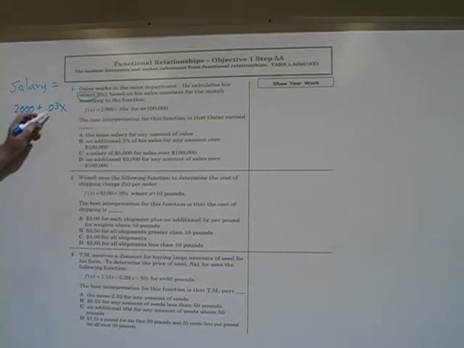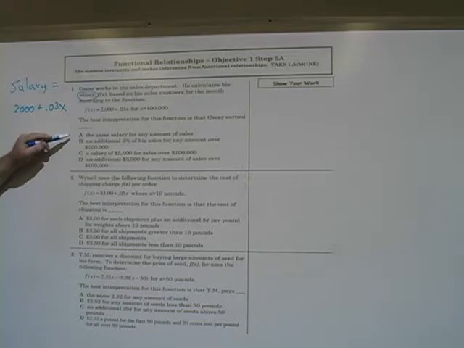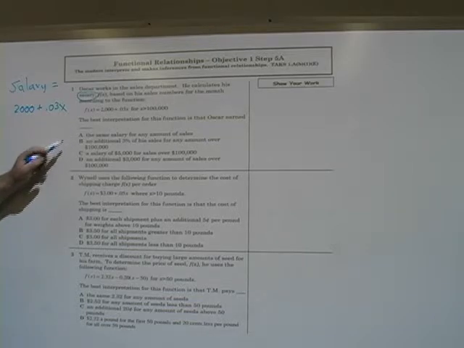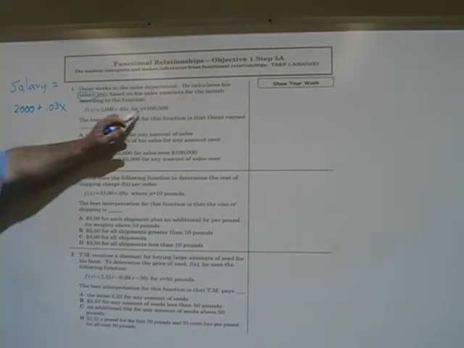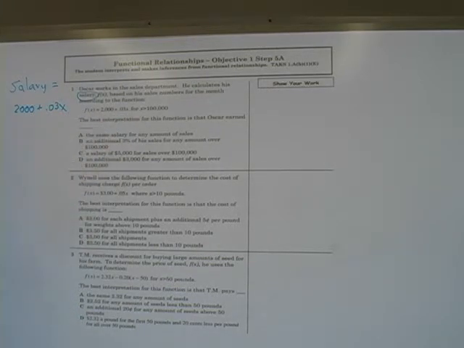based on X. And what is X here? It actually doesn't tell you what X is. You have to kind of figure it out. What do you think X would be here? His number of sales. The number of his sales, okay?